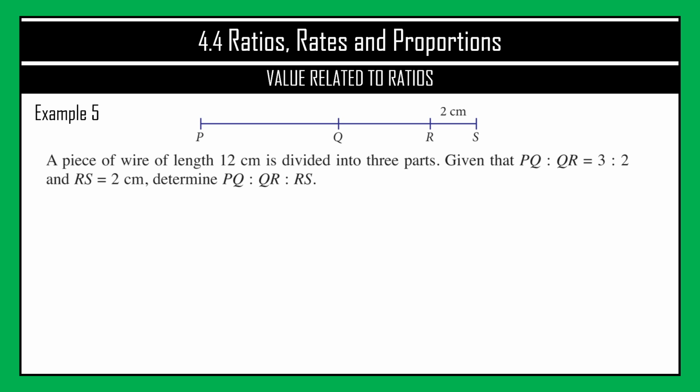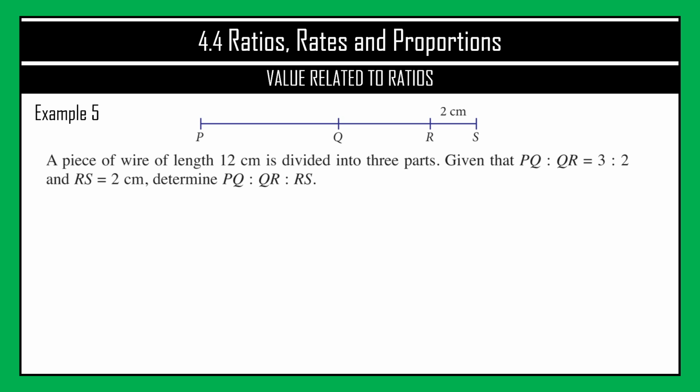A piece of wire with the length of 12 centimeters is divided into 3 parts. And given that the ratio of PQ to QR is 3 to 2, and RS is 2 centimeter. Determine PQ to QR to RS.